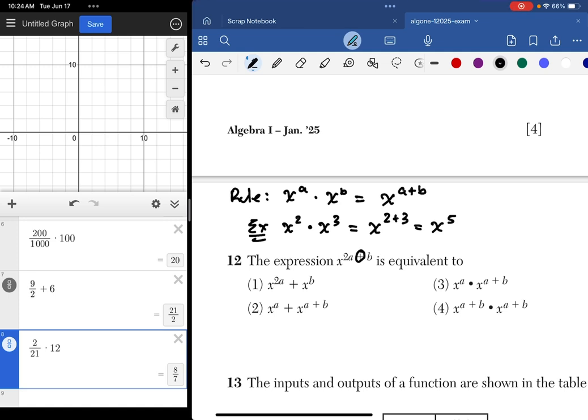This problem here is telling us to do the reverse of that. So I have x to the 2a plus b. That's going to be equal to, if I'm taking this rule, but going, instead of from left to right, I'm going right to left. This would be the same as saying x to the 2a times x to the b.